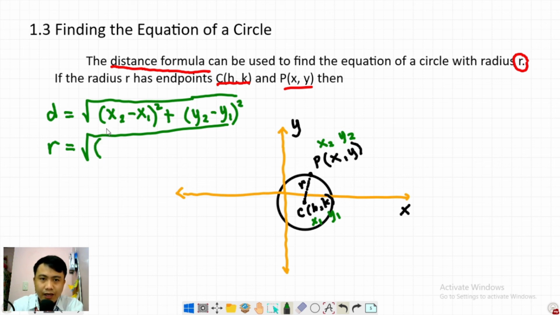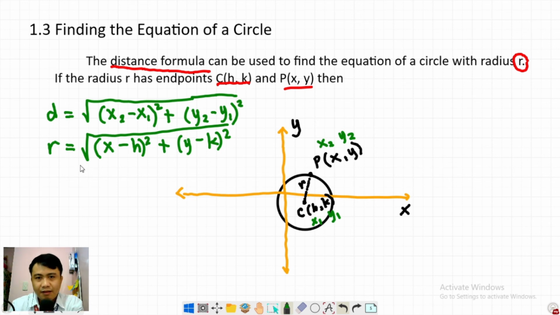So what is our x sub 2? Our x sub 2 is x. What is our x sub 1? h. Square natin. Plus, what is our y sub 2? y. y sub 1 is k.